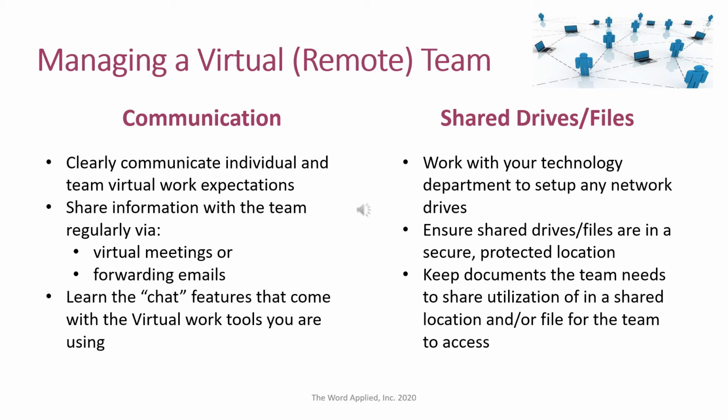There may be an email that only one person on the team needs to get, and there are some emails that maybe come from your senior leadership that you want to make sure that everyone gets because they're not on the same email string as a manager or senior leader that you might be. So those are the types of emails that you want to pick and choose when to forward.